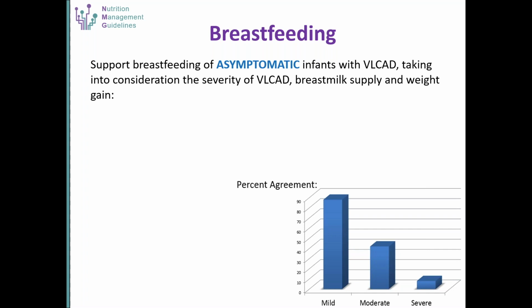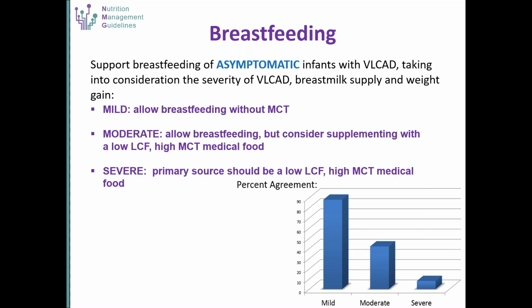Breastfeeding, below is a chart where we asked RDs and MDs whether they felt an individual could exclusively breastfeed as a neonate. There was agreement that the mild individuals could, less agreement with moderate, and very little agreement for the severe phenotype.